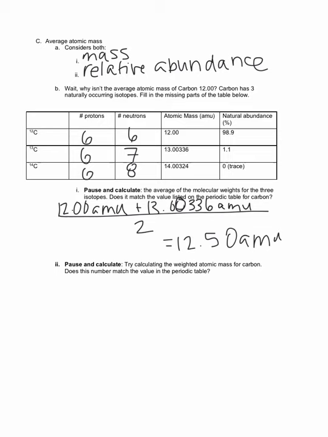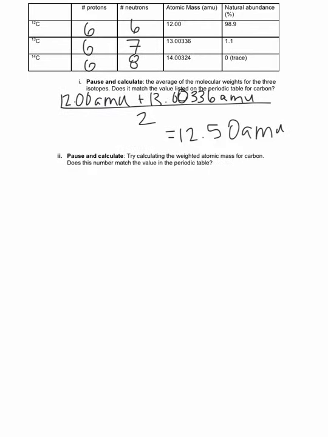Why don't you try taking the weighted average of the two isotopes? If you need a little help with calculating the weighted average of the isotopes, I'll show you how now.